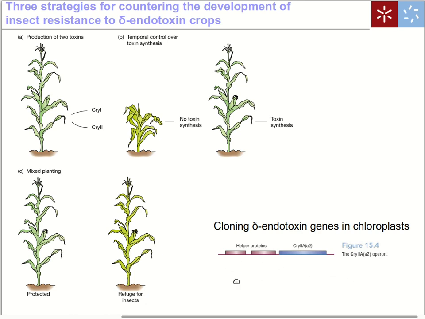The book speaks about expressing the endotoxin in chloroplasts instead of in the nucleus, and there are many more chloroplasts than nuclei in the cell, so it was observed that you get a much higher production of the toxin, and this could help to completely kill off the insects and not establish any kind of partially resistant mutants that can then go on to mutate further and then establish resistant insects.